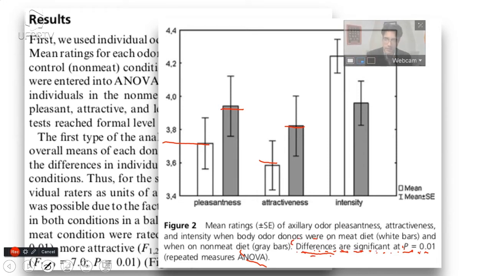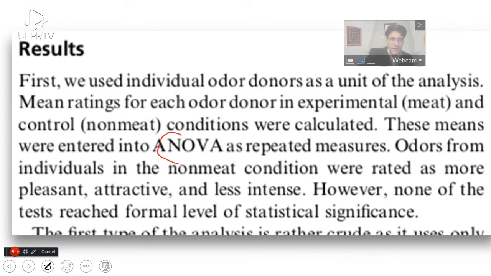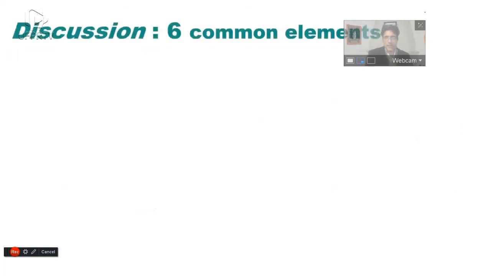So that's the interpretation of the inferential statistics. So running an ANOVA, for example, would be inference, and then explaining why they did that.